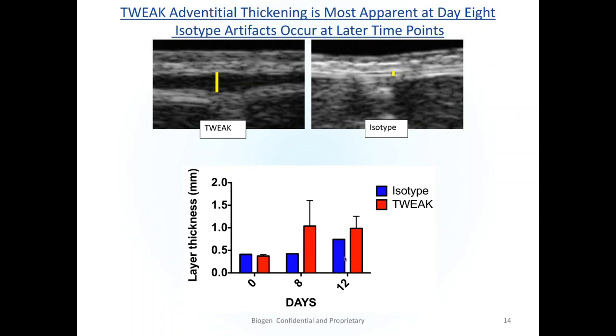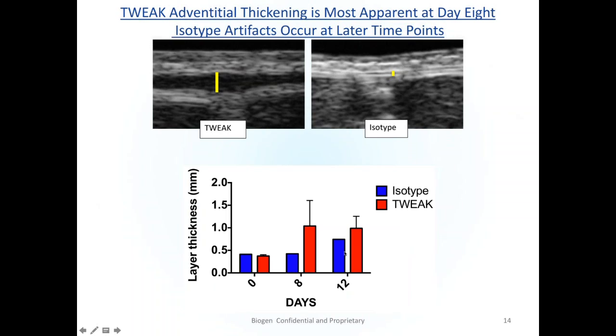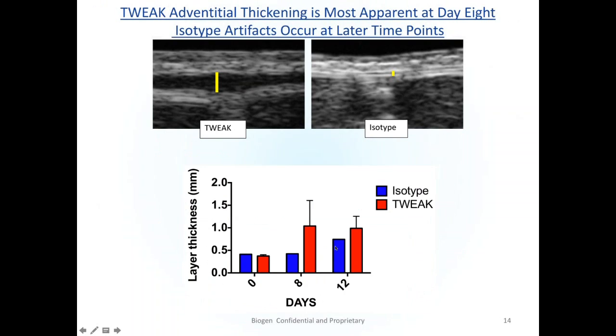The other feature that I'm showing you here in this slide is, as I mentioned, the fact that doing hair removal on mice where we're studying the skin caused some confounding effects. And so in this case, you can actually see that the isotype skin had changed considerably by 12 days.